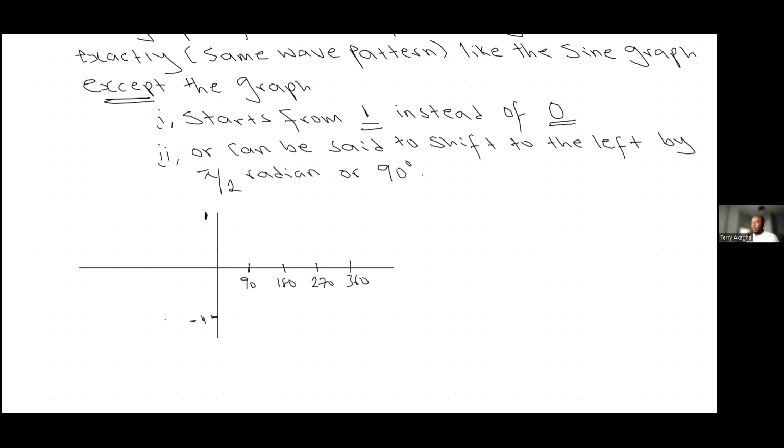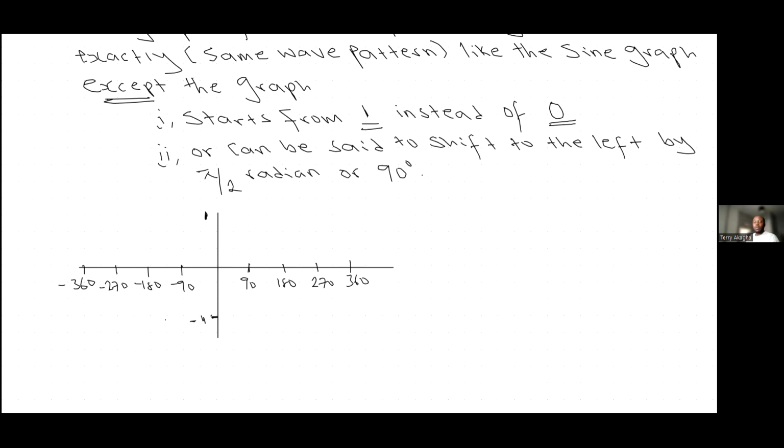So here is going to be -90. Here will be -180. Here is going to be -270, and here will be -360.